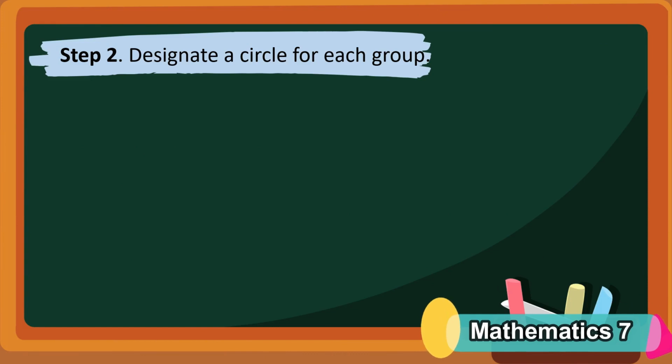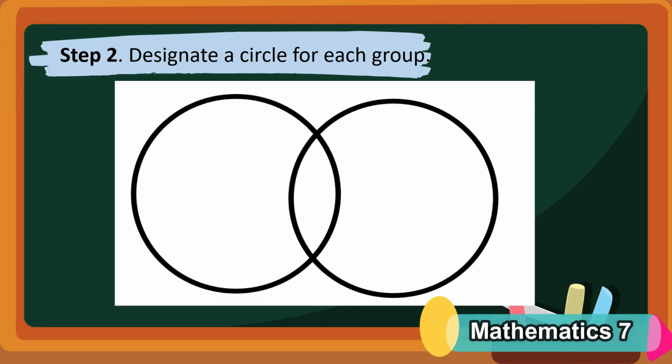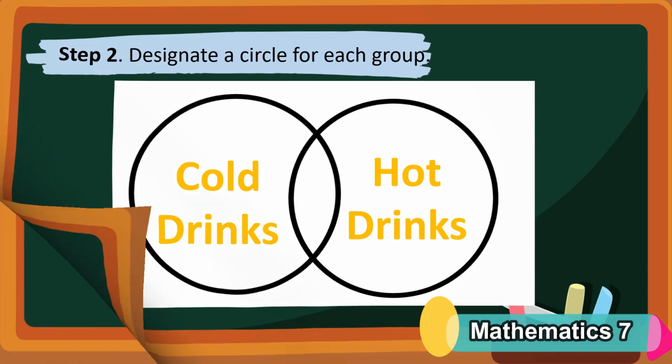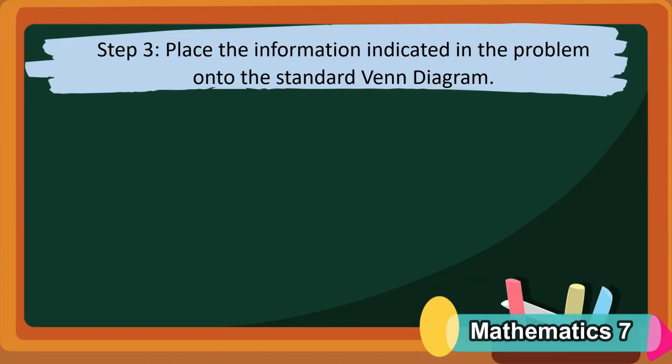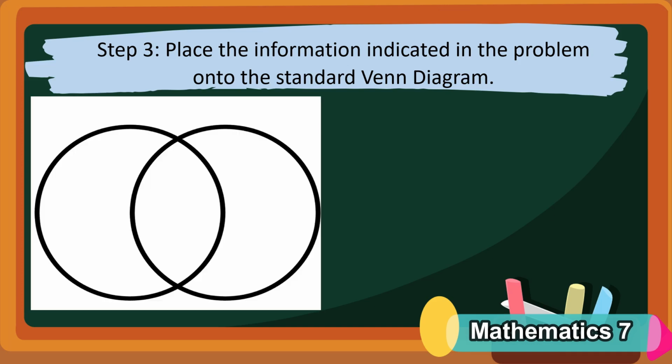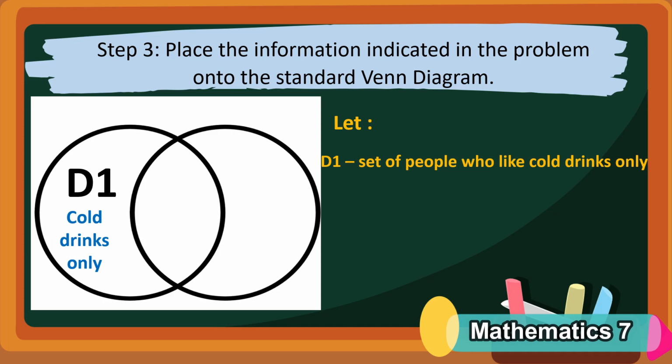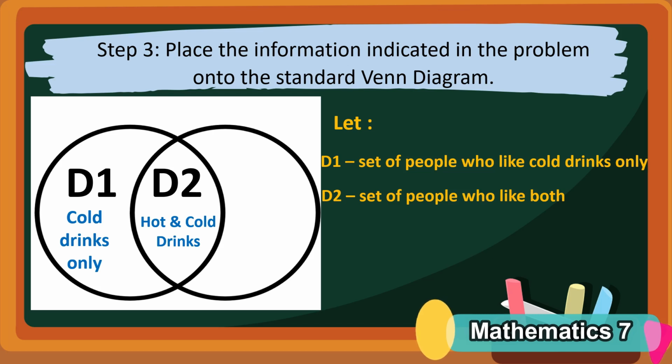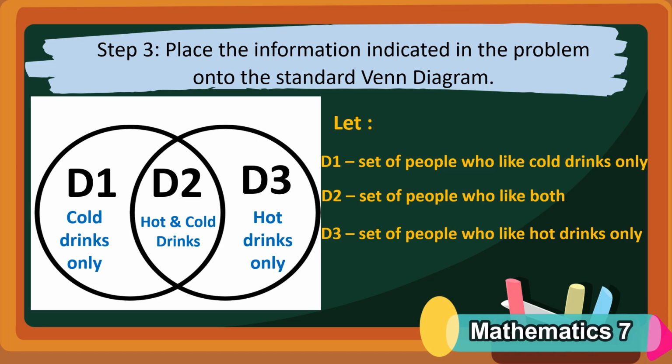Step 2. Designate a circle for each group. There are two choices of drinks. I'll use a two-circle Venn diagram. Step 3. Place the information indicated in the problem onto the standard Venn diagram. Let D1 be the set of people who like cold drinks only, D2 the set of people who like both cold and hot drinks, and D3 the set of people who like hot drinks only.